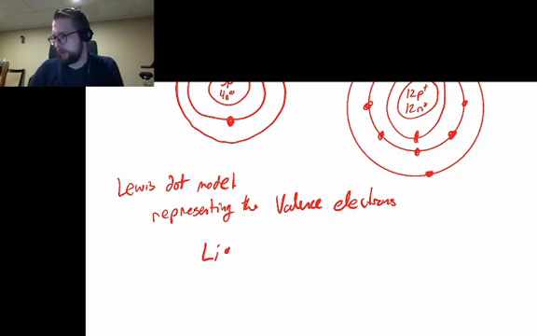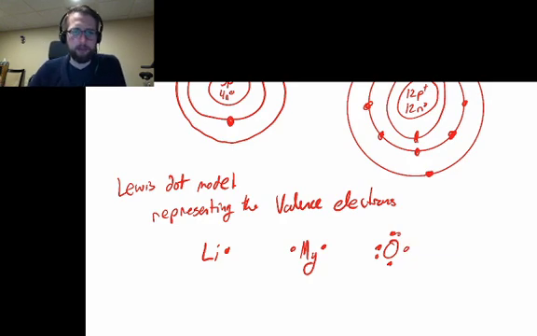It's only got 1 valence electron. For magnesium, we would just put 2 dots. If we're going to do oxygen, then we would have 6 dots because it has 6 valence electrons. And this also informed us about the combining power, how many different bonds these each could make, and how they could combine with other elements.